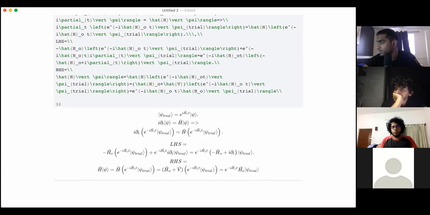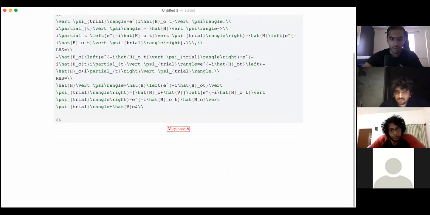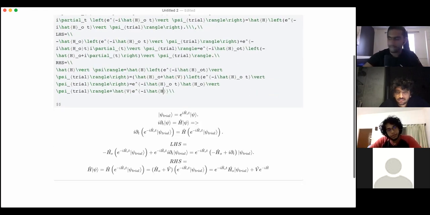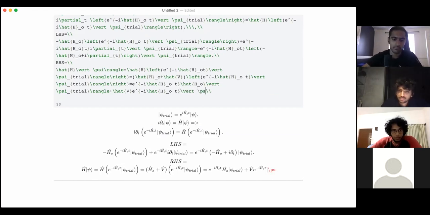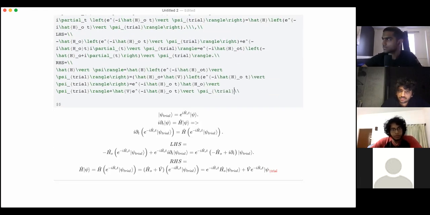Very possible. And the other term, which is V e power. Is this clear up to this point?